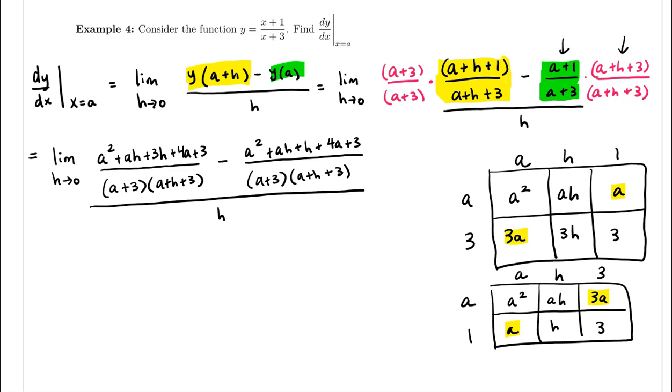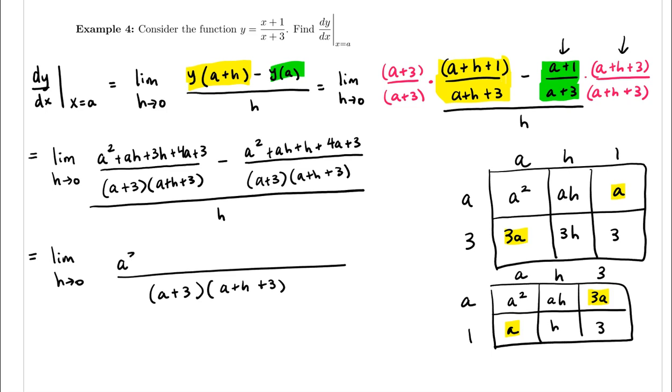Let's move on. So now that the two fractions in our numerator have a common denominator, I can combine this into a single fraction. So in my denominator, I'm going to have a plus 3 times a plus h plus 3, and then just going to rewrite out all of these terms.